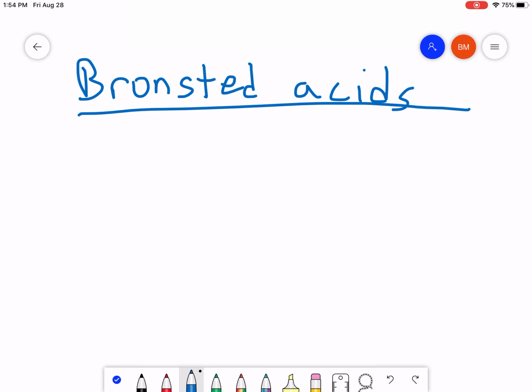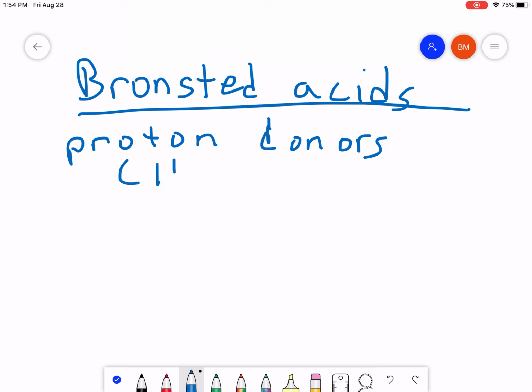Bronsted acids are known as proton donors. They like to give away protons. And when we say proton, basically we mean H+. And you guys are well aware of several common Bronsted acids.